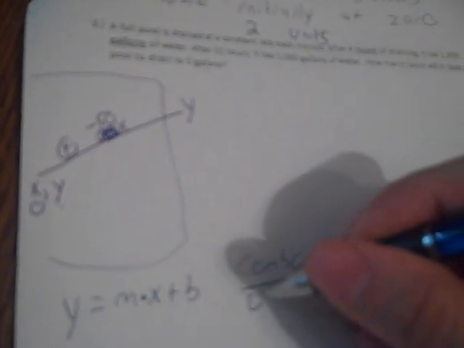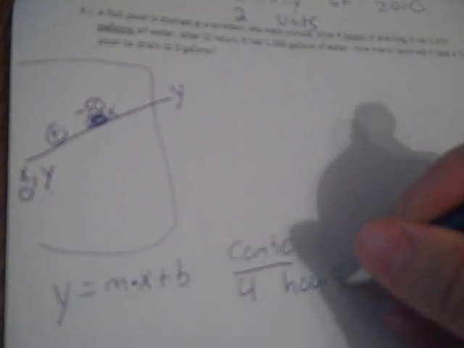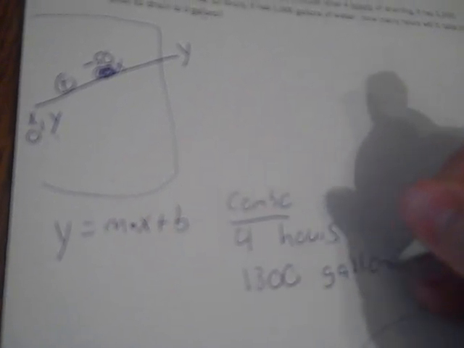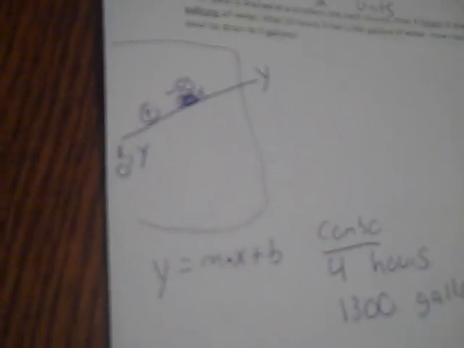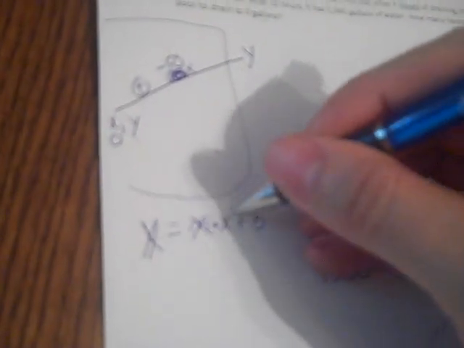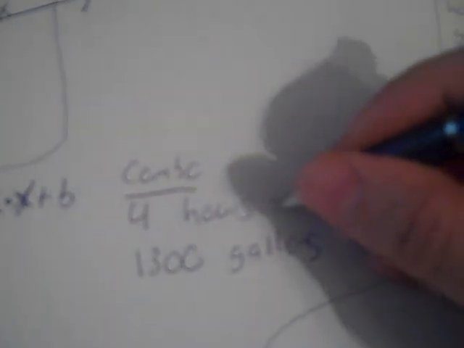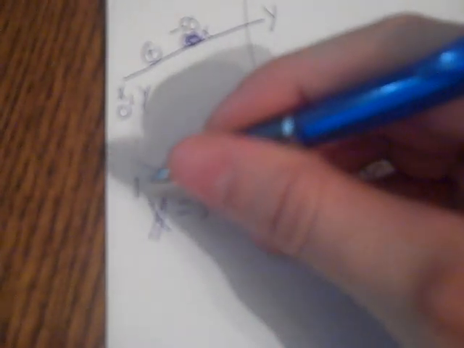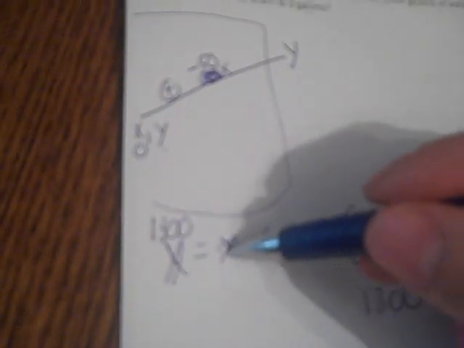Now it's time to find where the initial amount was at. So the combo we're going to use has to be in the same sentence. So 4 hours, 1,300 gallons. Okay, let's get rid of these 3 letters here. 4 hours would be x, and this is y. So 1,300 is the y, and the m goes up there.